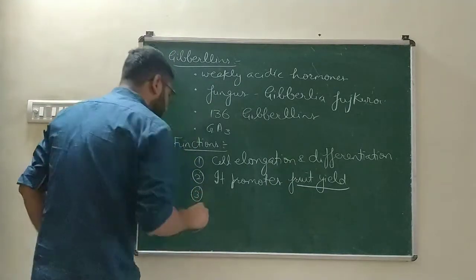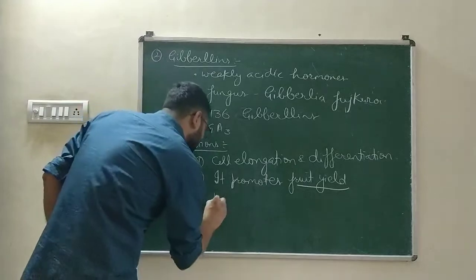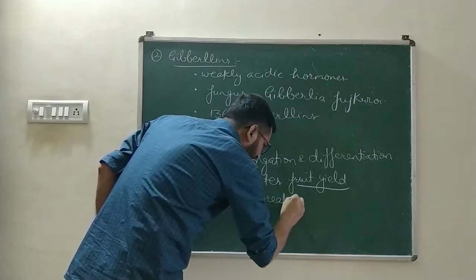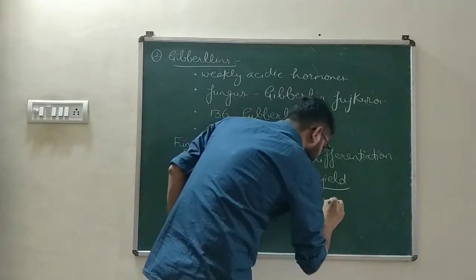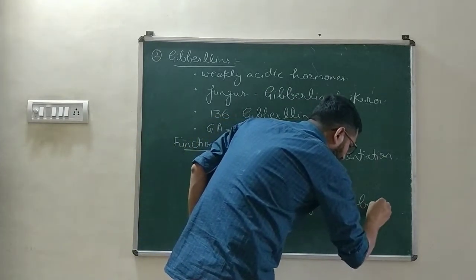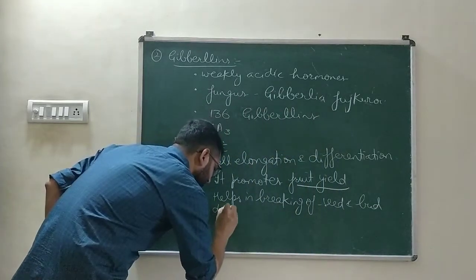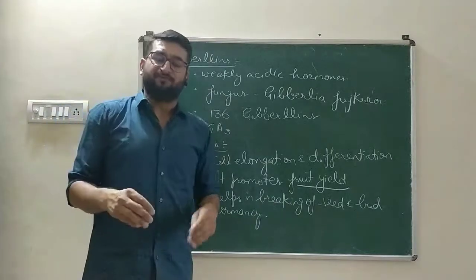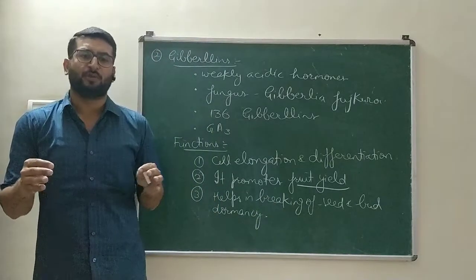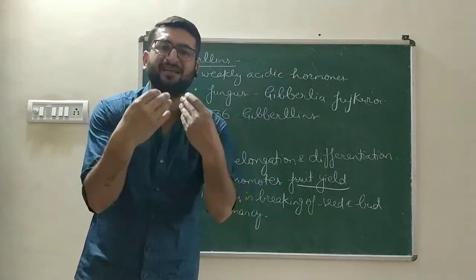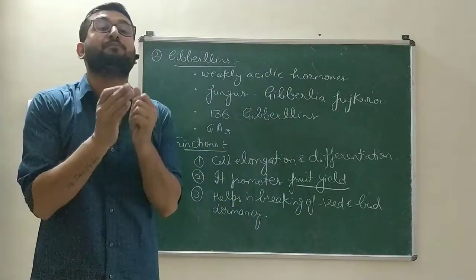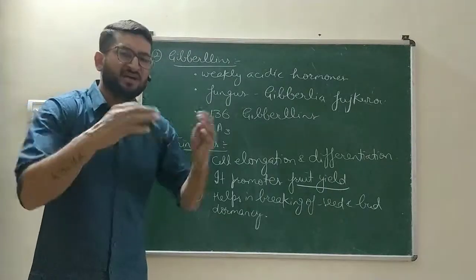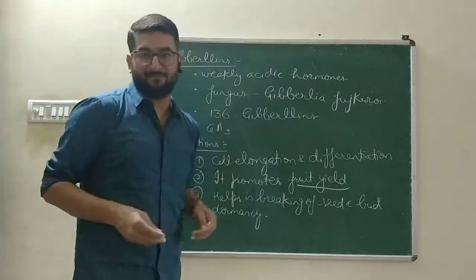Next, gibberellin helps in breaking of seed and bud dormancy. That means if the seeds and buds are not properly growing, then we give synthetic gibberellins, as gibberellins help in the breaking of seed and bud dormancy. It allows the seeds and buds to grow into the further parts very easily, very quickly.